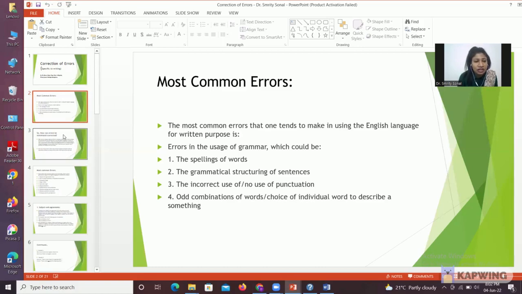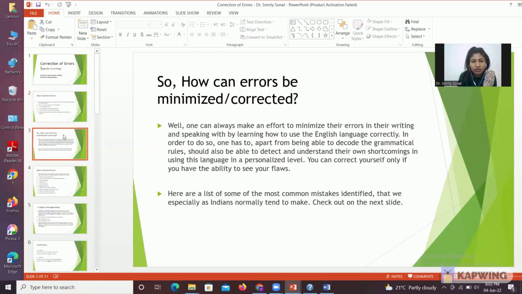Now, moving ahead with how these mistakes can be corrected, this PPT will tell you various areas in which we, as speakers and writers of English specifically, make mistakes. And if these mistakes are minimized, it can lead to better communication.